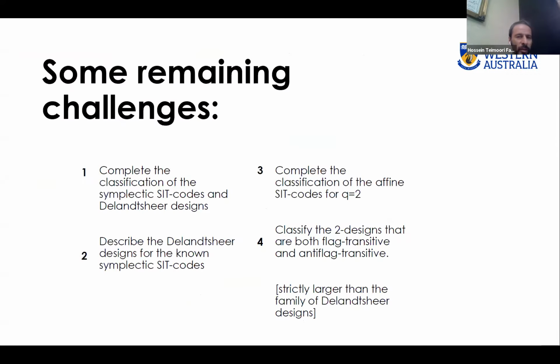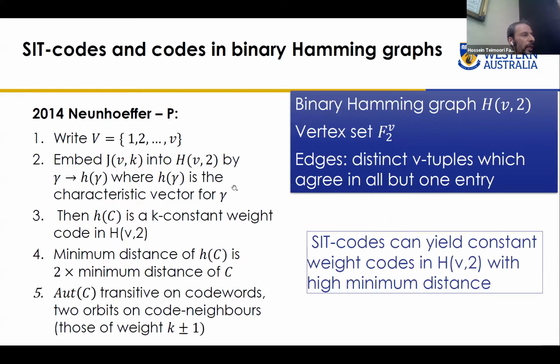When we talk about the embedding of this Johnson graph in this Hamming graph, we usually are interested in an isometric embedding. This is not isometric, of course, but near to isometric. It's not a graph monomorphism. It's a bijection. Yes.